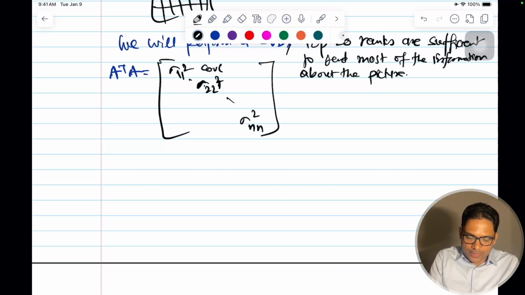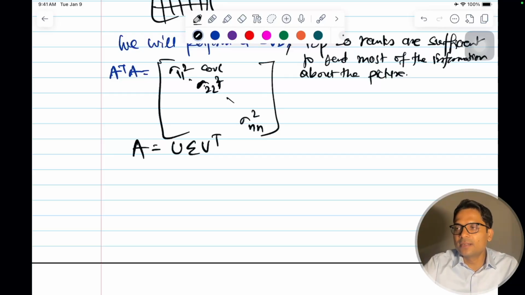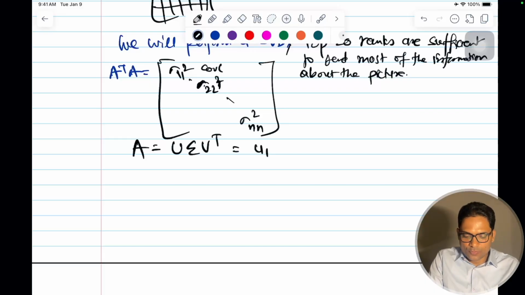So we have A is equal to U sigma V transpose. And how do we write it? If we expand it, we can write it as U1 sigma 1 V1 transpose, all the vectors. There will be 1000 such vectors, right? 1000 by 1000.